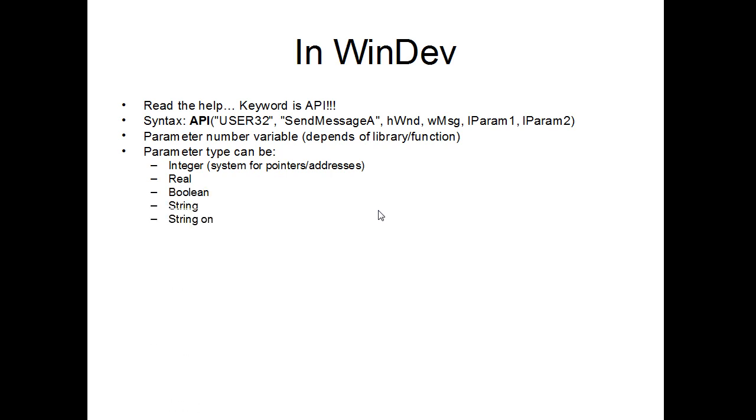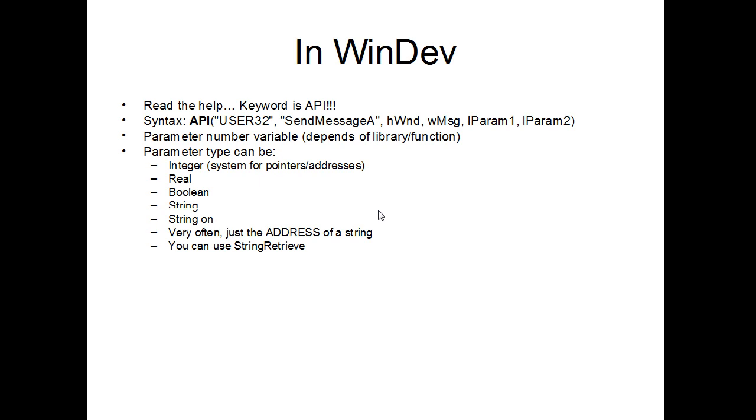Most of the time it's going to be the address of a string. So how do you pass the address of a string variable? Well, let's say that your string variable is called sMyString. The address of this string is ampersand sMyString. So if you need the address of a string, that's what you're going to pass.